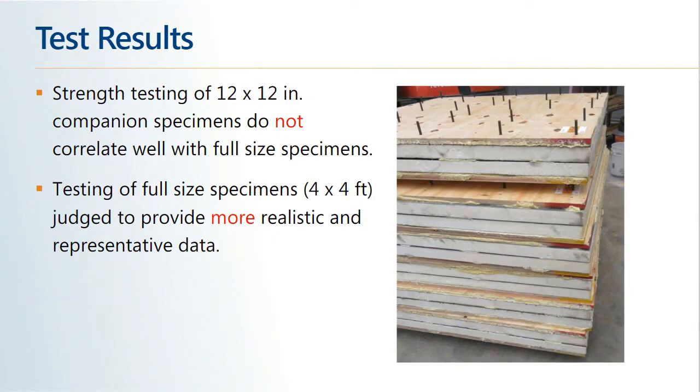The strength testing of the 12 by 12 inch companion specimens didn't correlate well with the full-size specimens. You remember that slide where we had a coefficient of variation of, I think, 33 or 4%. The testing of the full-sized 4x4 specimens was judged to provide much more realistic and representative data than the smaller specimens.